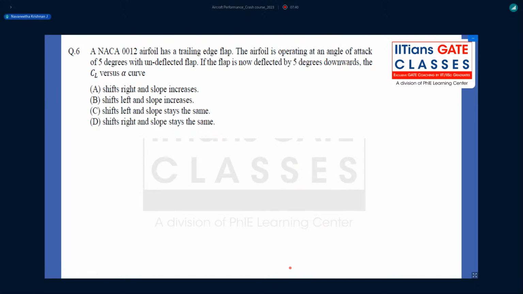GATE 2018, question number 6. The NACA 0012 aerofoil has a trailing edge flap. The aerofoil is operating at an angle of attack of 5 degrees with undeflected flap.